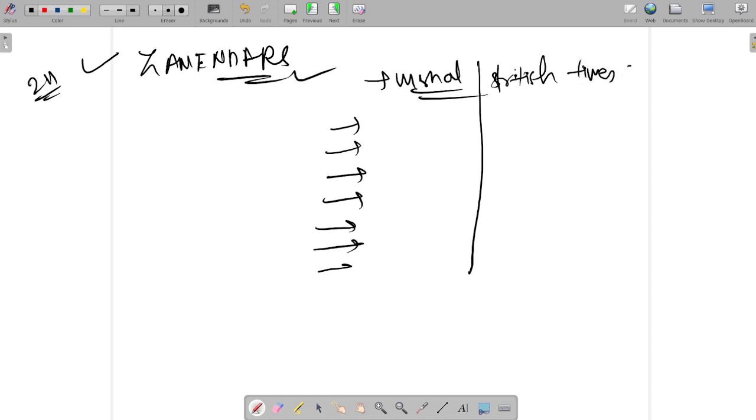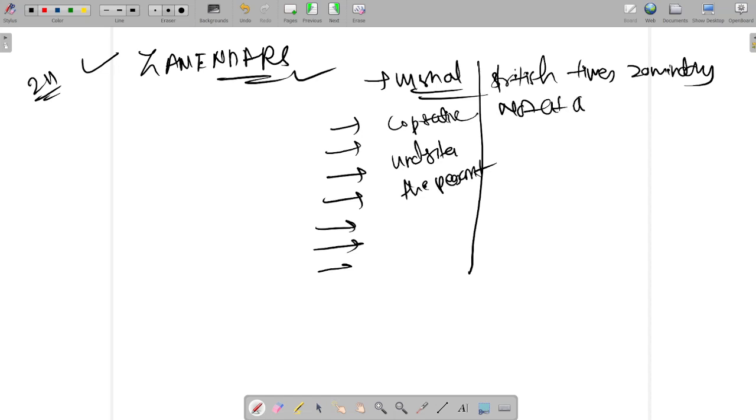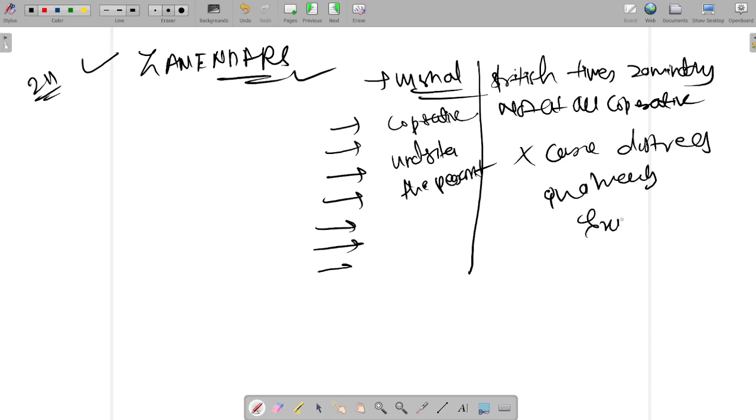In Mughal times they were cooperative and understood the peasant. British times Zamindars were not at all cooperative, and caused distress in an already existing rural stressed economy.